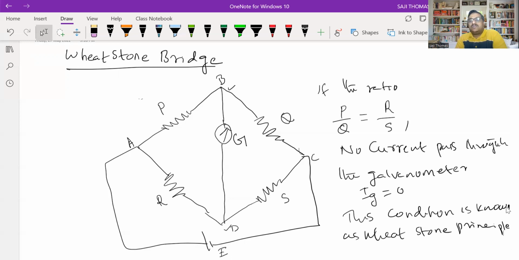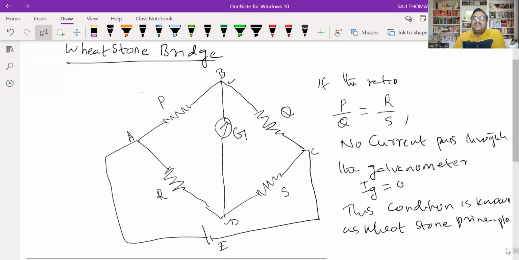Then the bridge is said to be balanced. This condition P by Q equals R by S is known as Wheatstone's principle. Here S will be an unknown resistance, a resistance wire. You can find out the unknown resistance.